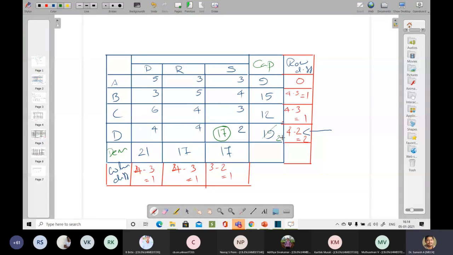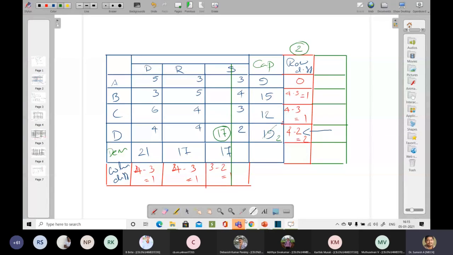Now what happens? Column S will get terminated. Now you can go for iteration number 3. I'm not writing any column difference again because only these 2 columns are left out. It remains as it is.